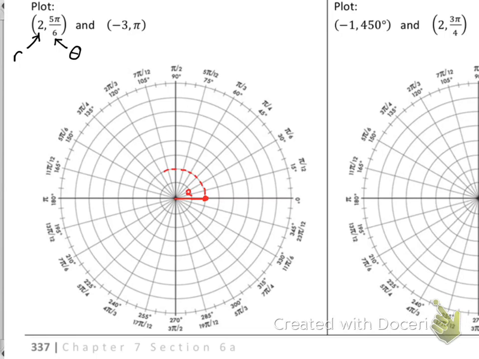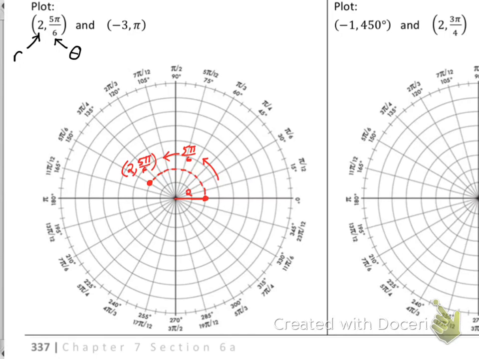So the only thing that actually exists right here is that point, and that point right there is 2, 5 pi over 6. So we go this direction, 5 pi over 6 units, and we're always going to go counterclockwise.